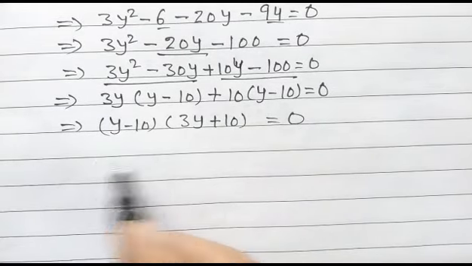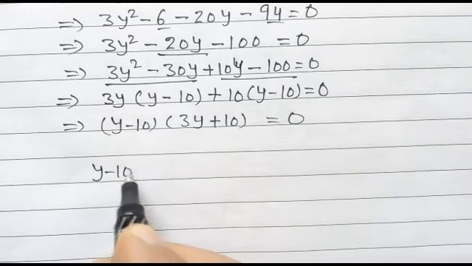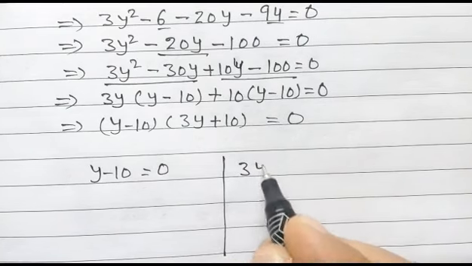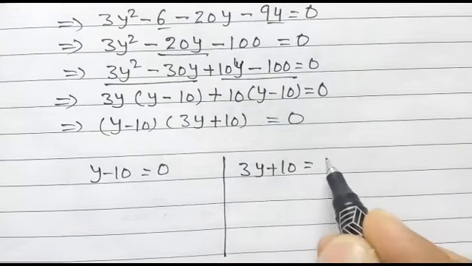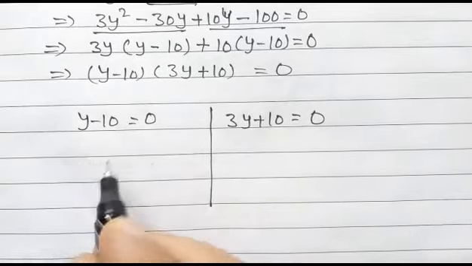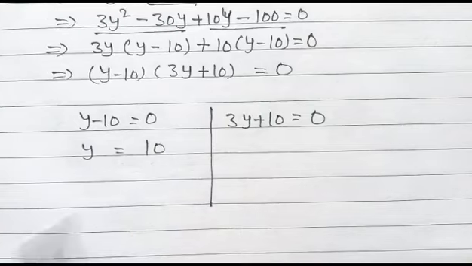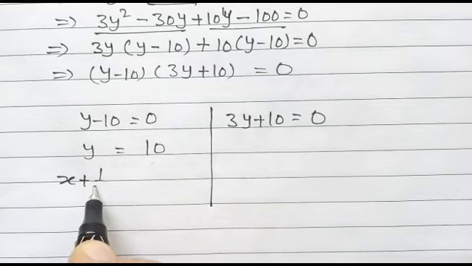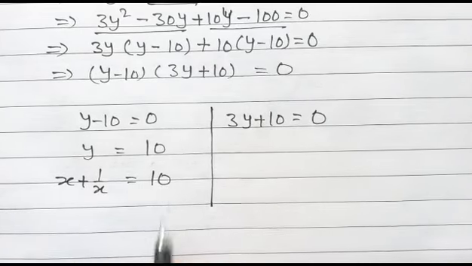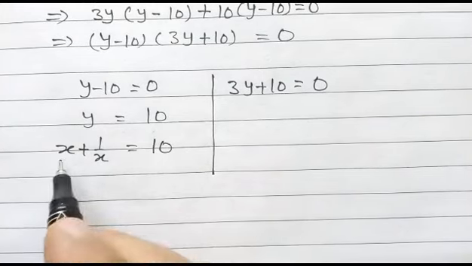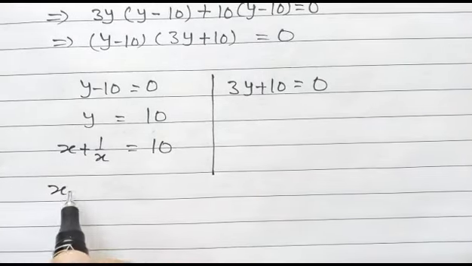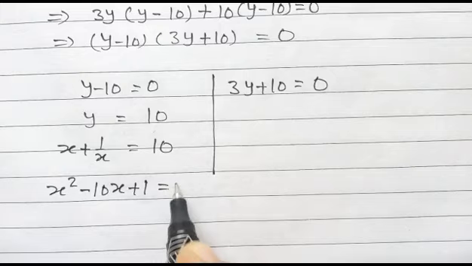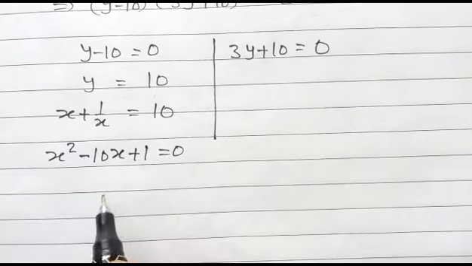Now we have two cases. Case first, y − 10 = 0 and second, 3y + 10 = 0. So y is equal to 10. As we have assumed y = x + 1/x = 10, right? If we solve this, we get x² − 10x + 1 = 0.